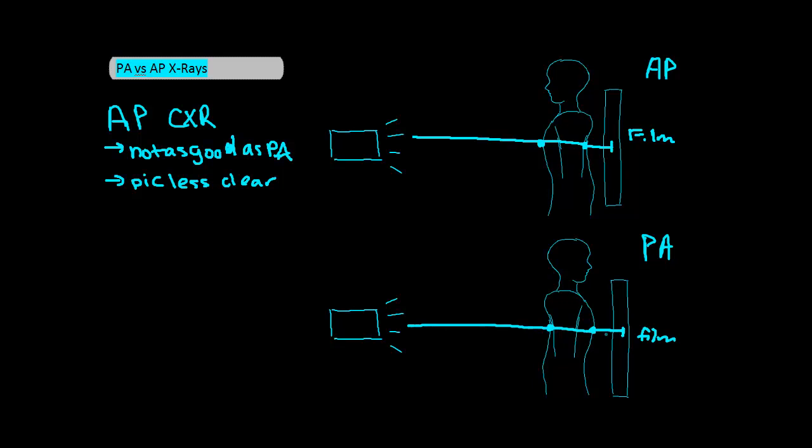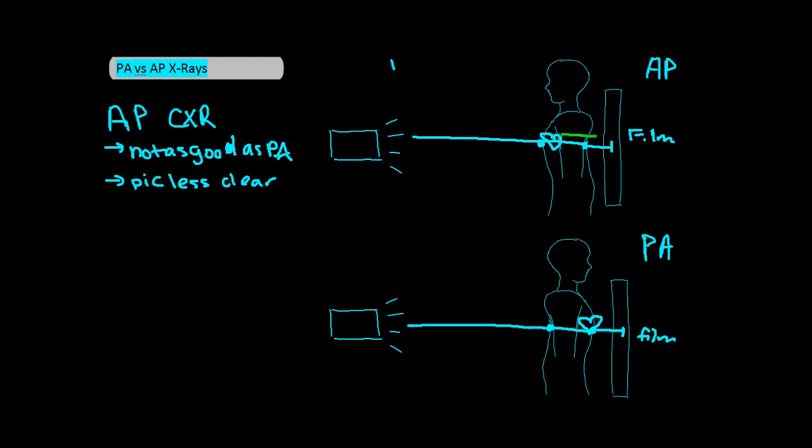So for the AP and PA films, I want you to pay close attention to where the position of the heart and mediastinum are relative to the film. And I'm going to draw, so that's the heart in the AP film, and this is the heart in the PA film. So notice that these structures are further away from the film in the AP film. And I'm drawing the distance, let me get a different color here.